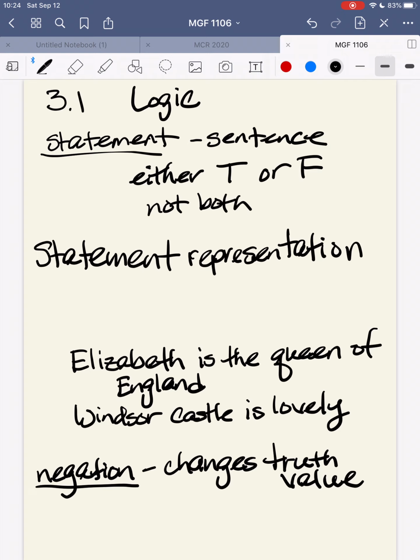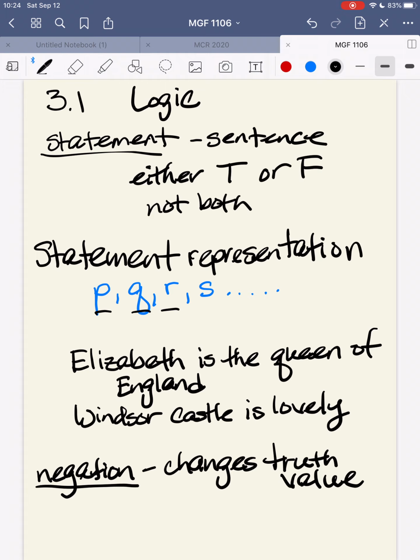When we represent statements symbolically, we're going to use letters. Usually we start with the lowercase letter p, and then q, r, s, etc. Usually we're only going to be dealing with p, q, and r, and usually in that order.